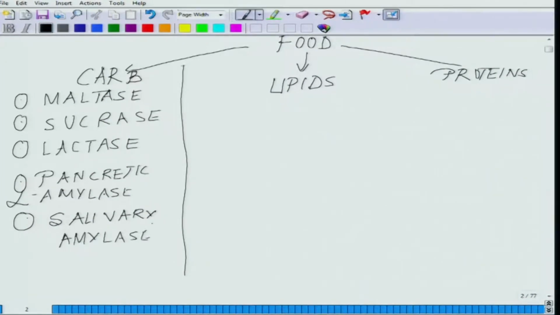Then let us move on to the enzymes which are involved in breakage of proteins. Most of them are called proteases.